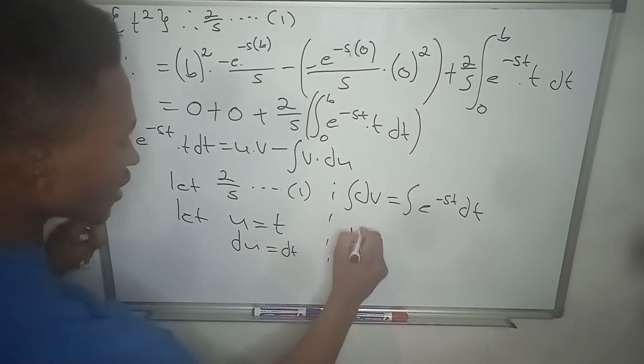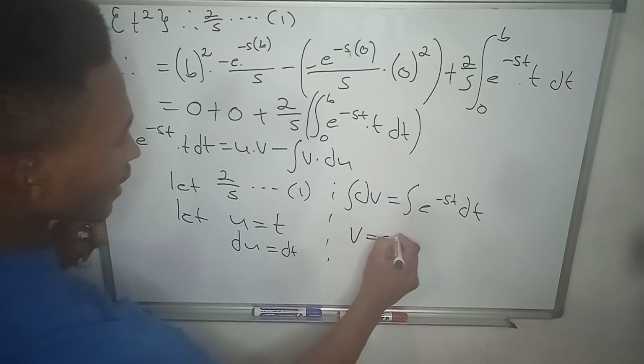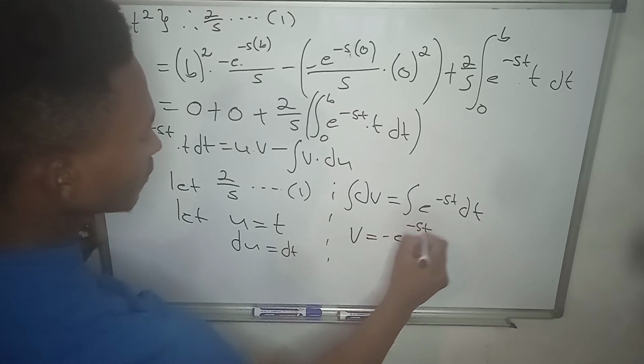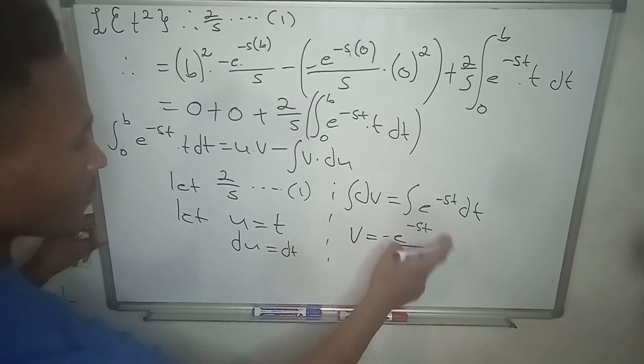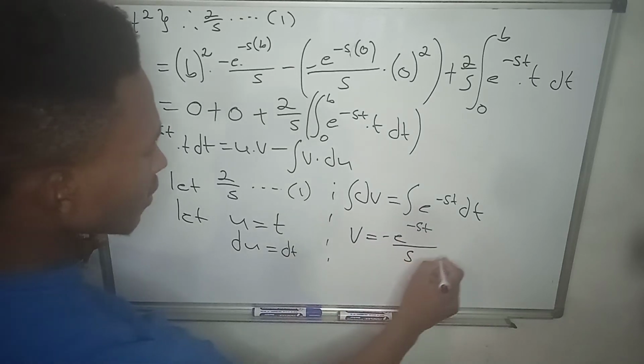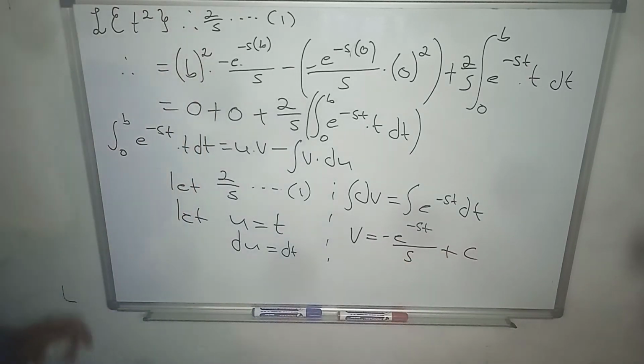Even this one, we have seen it in our first session. It was minus e^(-st) all over s. So that is what we are having.